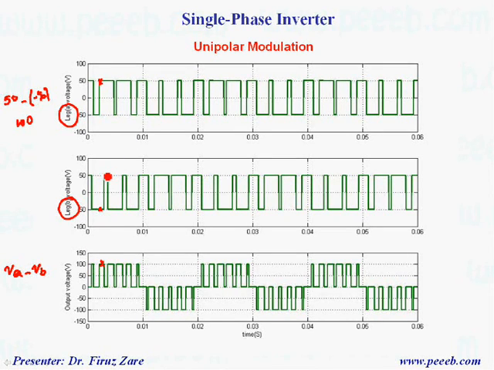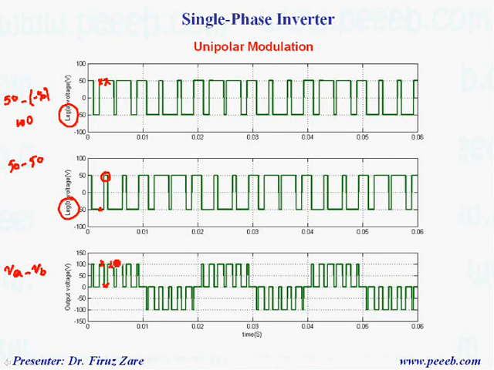But for this period of time, the voltage in leg A is 50 and in leg B is also 50. That's why the output voltage is 0. And again here we have 100.